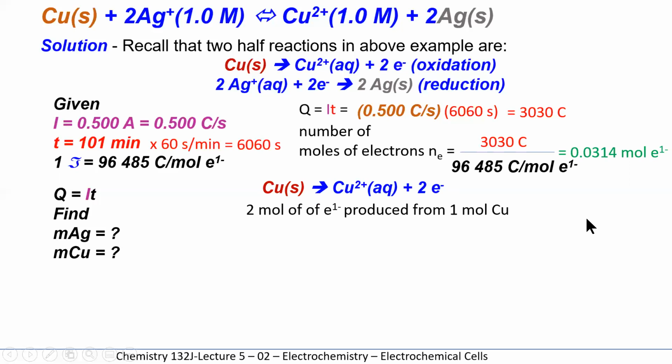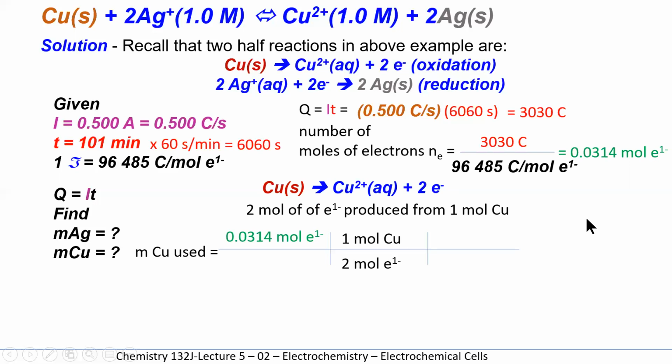So the mass of copper will be the moles of electrons multiplied by 1 mole of copper over 2 moles of electrons times the mass of 1 mole of copper, 63.5 grams in a mole of copper. That gives us the mass of copper used up, in this case. Copper is being consumed. We can see that from the terminology used to describe the half cell.